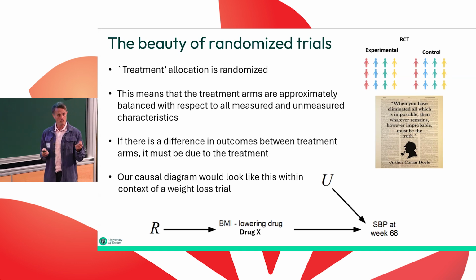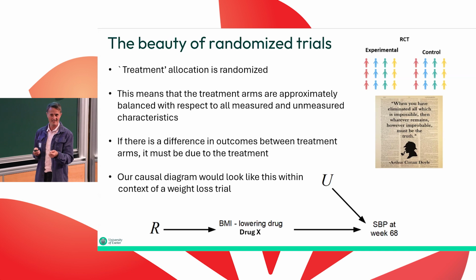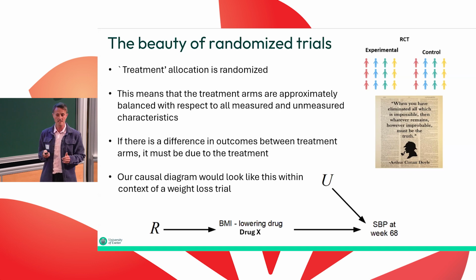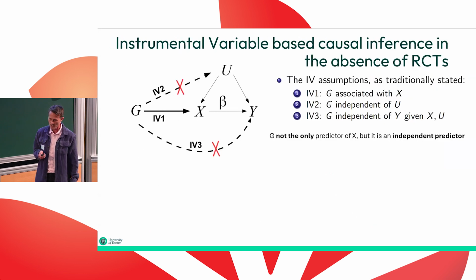Because randomization is the sole predictor of whether somebody receives the drug or not, we've killed that arrow going from any possible confounder U into the decision to take the drug. That means we don't have any confounding to deal with, and we can interpret the difference in outcome between randomized groups as the causal effect of taking the treatment.